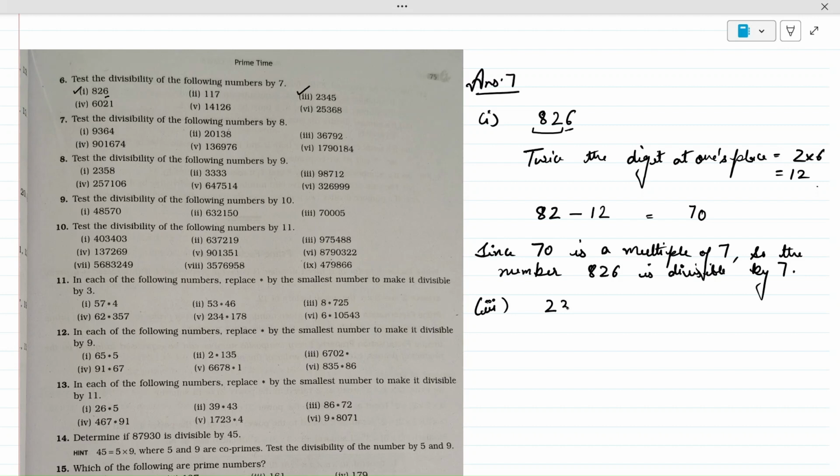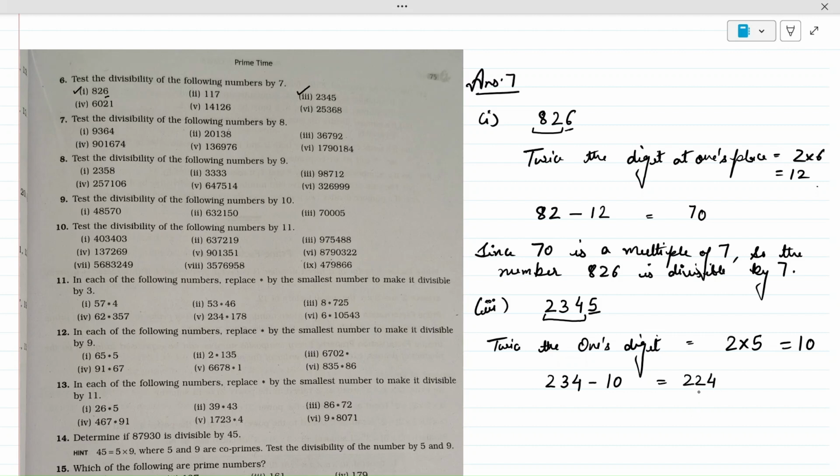We have 2, 3, 4 and 5. So what we are going to do is twice the ones digit. What we have at ones place is 5. So this is 2 multiplied by 5, which is 10. And now we have to subtract this 10 from the number formed by the remaining digits, which is 234. So we'll have 234 minus 10, which will give us 224.